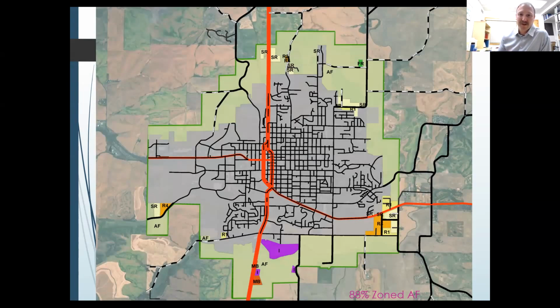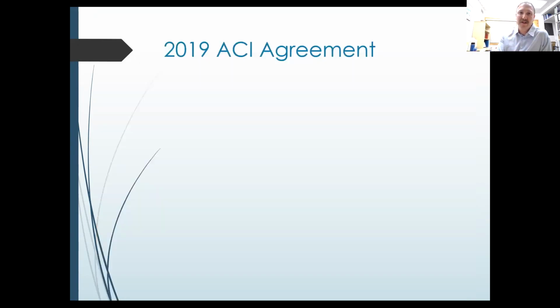We've had a few rezones, so it's probably a little less now, but previously it was 88% zoned ag forest. And we use this as more of an agricultural growth boundary to limit the growth of the city and try to shift the growth into annexations in the city and limit the number of subdivisions that we have within the area city impact.